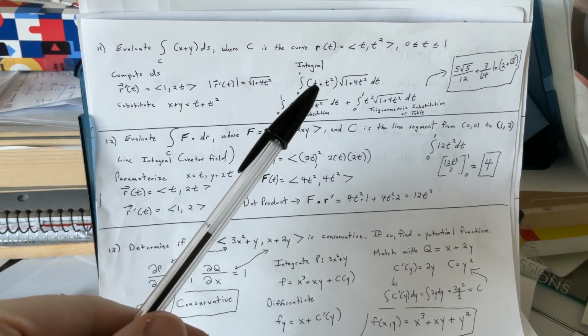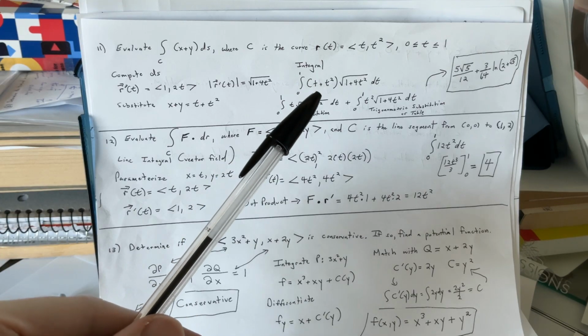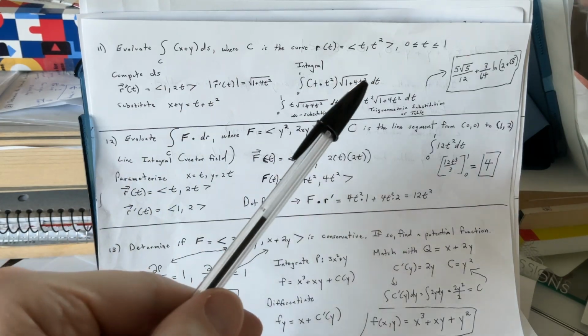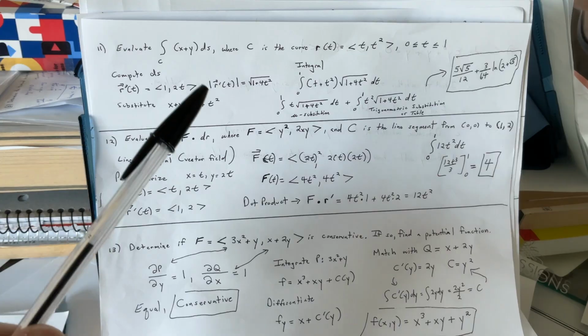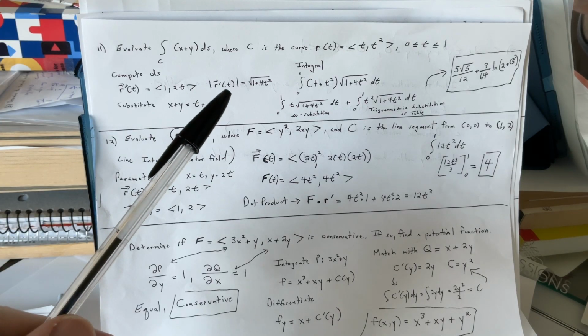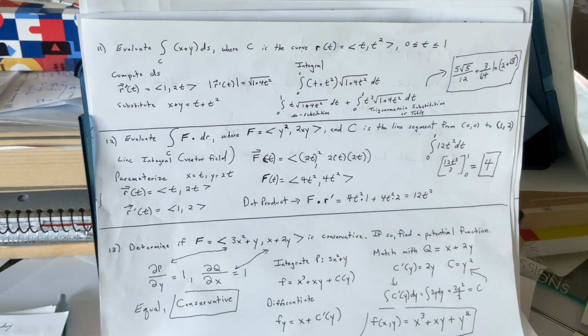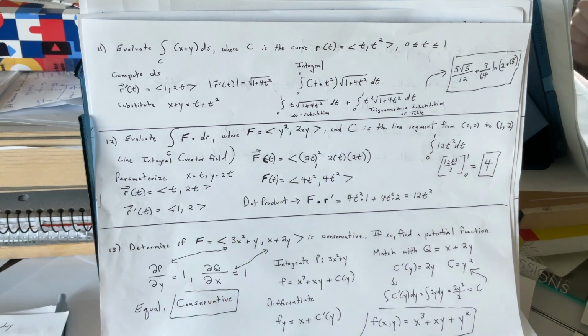When we set up the integral, we get a single-variable integral from 0 to 1 of t plus t squared, which is x plus y, times your ds. What's your ds? Your ds is the magnitude of r prime, dt. To save some time, if you were to do this by hand, you'd split it into two integrals.